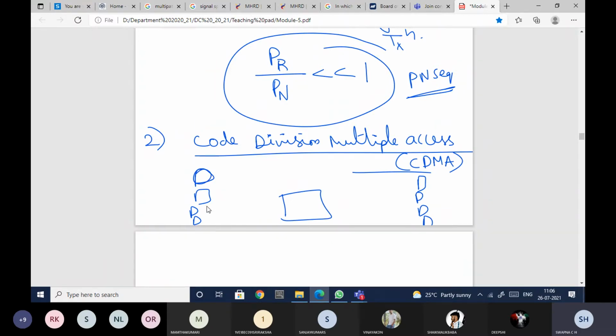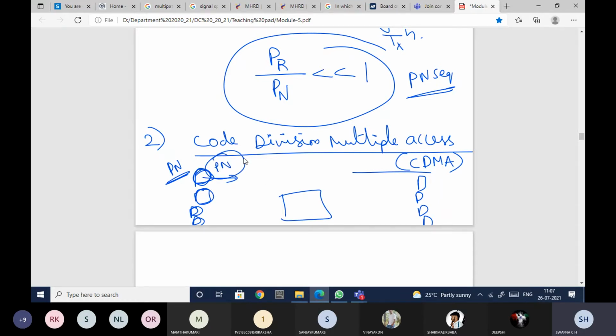Since different transmitters use different PN sequences, even if it is transmitted through the channel, all the receivers may get the information, but all the receivers will not be able to decode it. The reason is that since we are using direct sequence spectrum, the transmitted signal is spread by using the PN sequence.